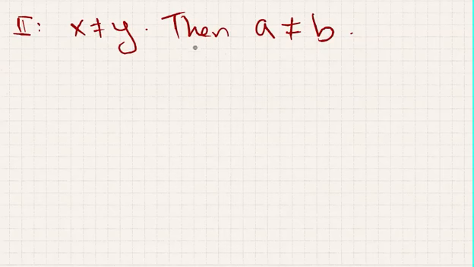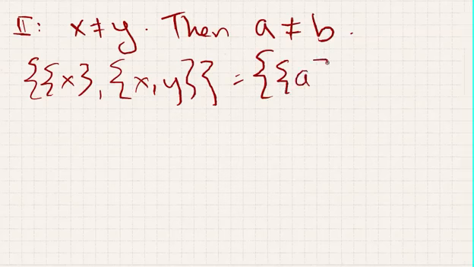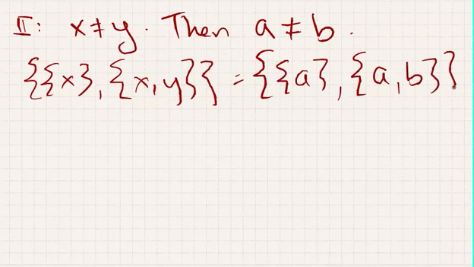Okay, since we know that the two ordered pairs are equal to each other, we have this equality. So looking at the first set, that means that the set x is equal to one of these elements in this set here.